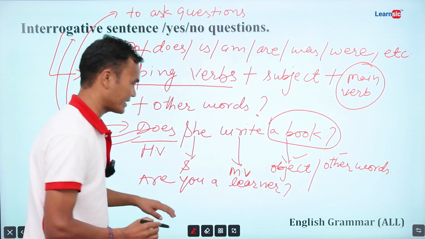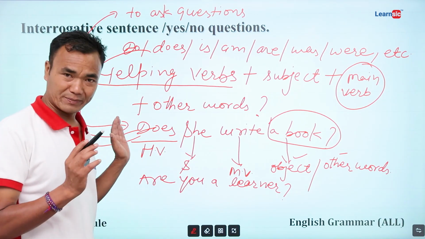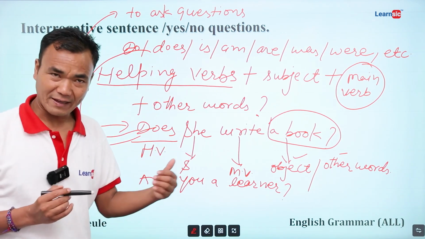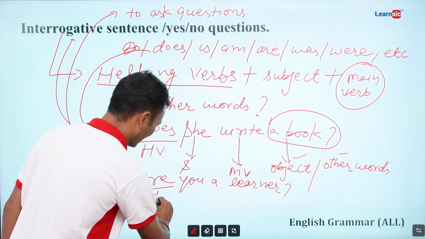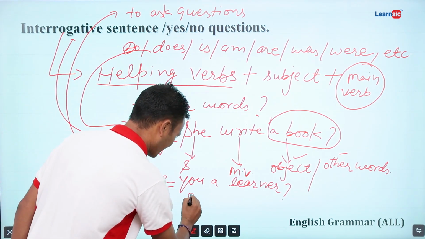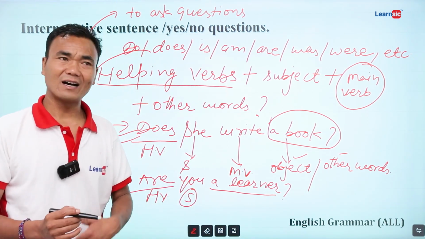So look at this sentence. Are you a learner? There is no main verb, and it's okay. Are is an example of a helping verb. I write here HV, helping verb. Number two, you is our subject, right? A learner is our other words.